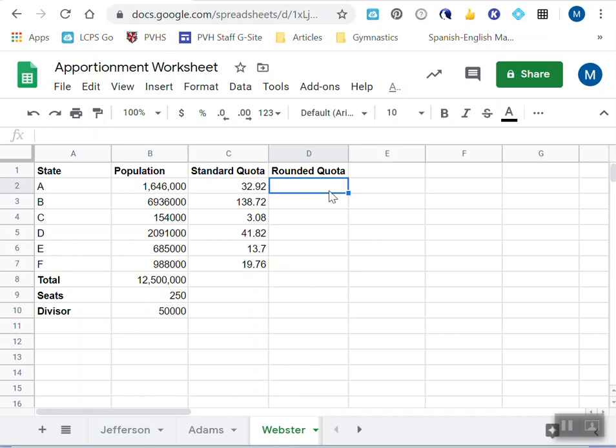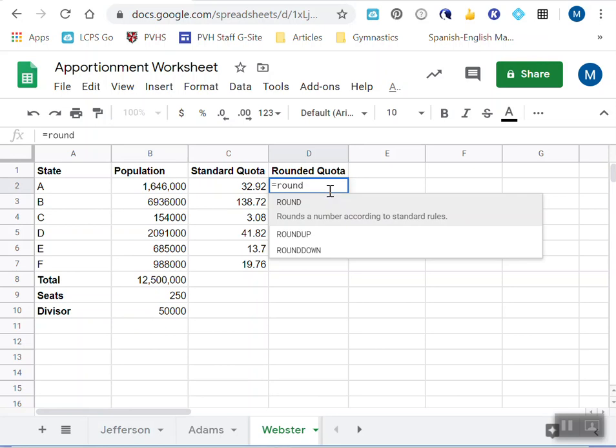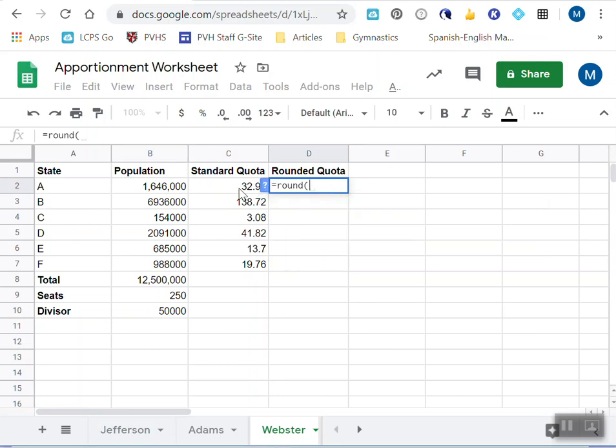Now, I need to have my spreadsheet round my quotas. To do that, all I type is equals, round, parenthesis, and click on my standard quota. Then I can copy that for each of the rows. And I want to add up the rounded quotas. So equals, sum, parenthesis.